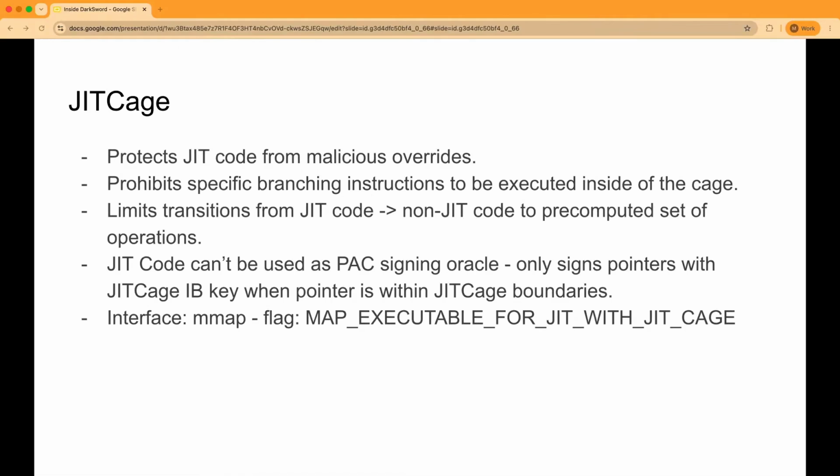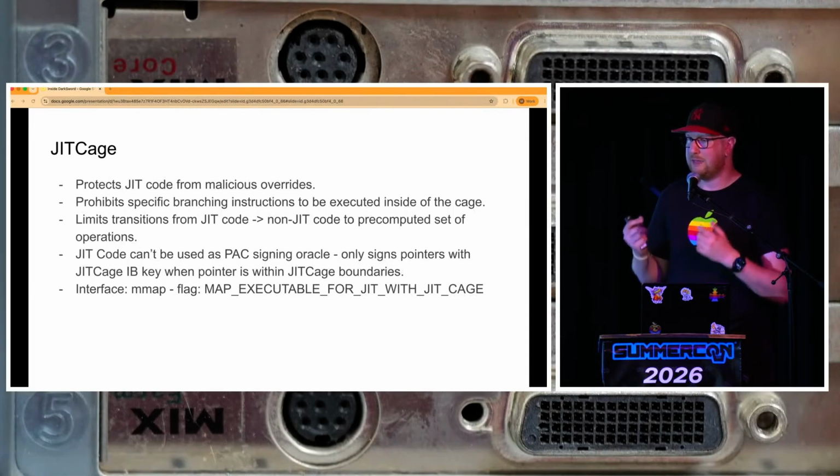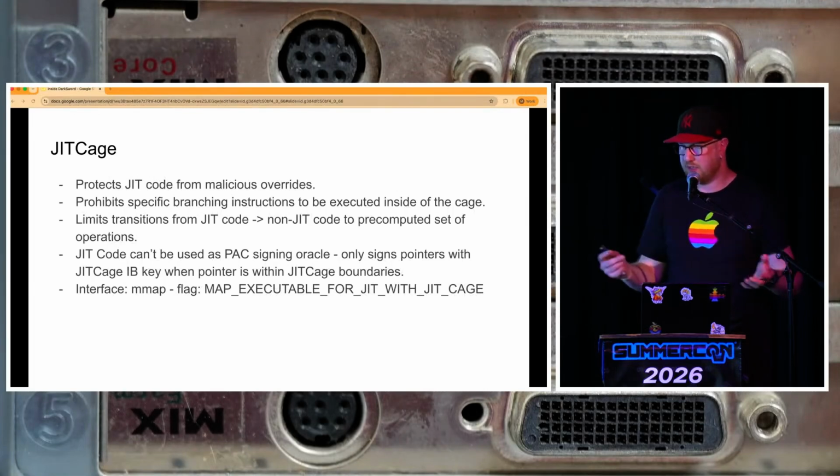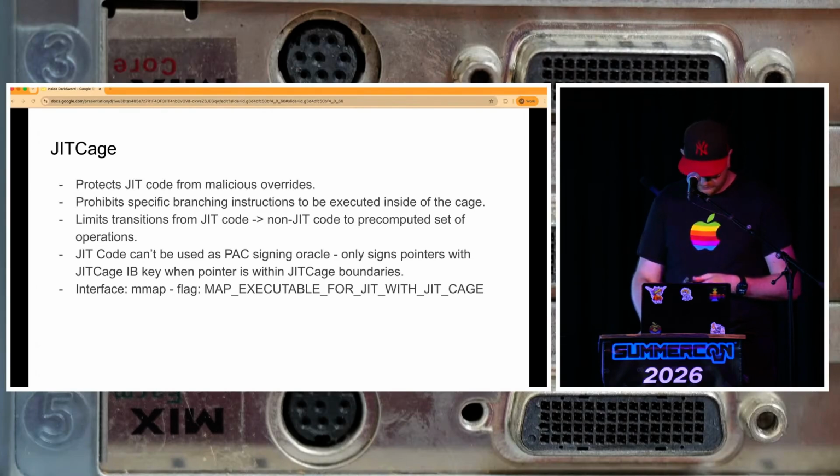There's only a certain set of APIs that are there. There are dedicated PAC pointers that are just valid for the JIT region to also make sure that you cannot just easily build yourself a PAC signing oracle, because these keys are then not available in that specific part. So you can see here there's a JIT cage IB key, which is then used for all the PAC pointers inside of the JIT cage.